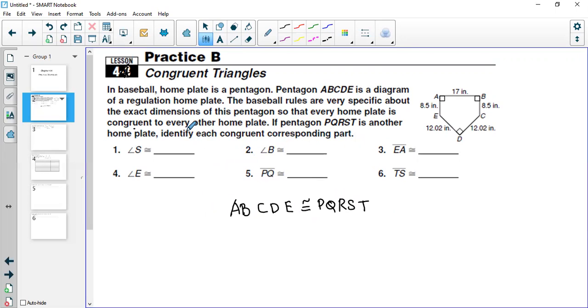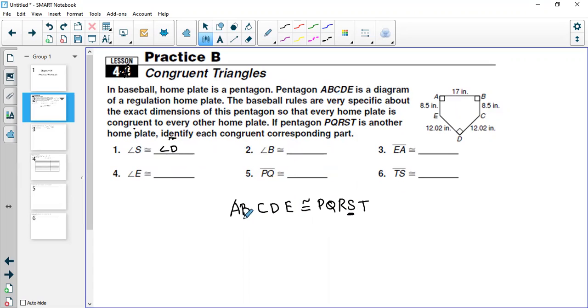The question says identify each congruent corresponding part. They said identify, they did not say find out. If they say find out, we need to write the numbers, but here they say identify. So they want you to find the corresponding part for angle S. So angle S is here, and the corresponding letter in ABCDE for S is going to be D. So the corresponding angle for angle S is going to be angle D.